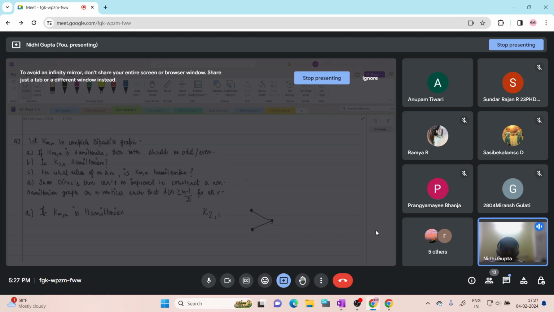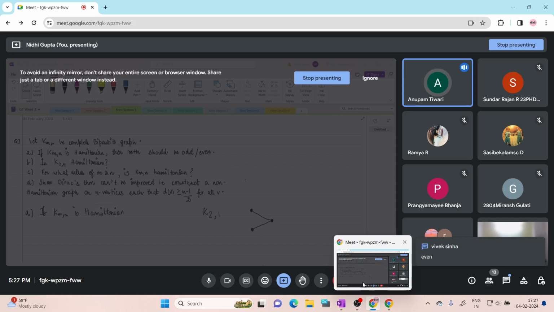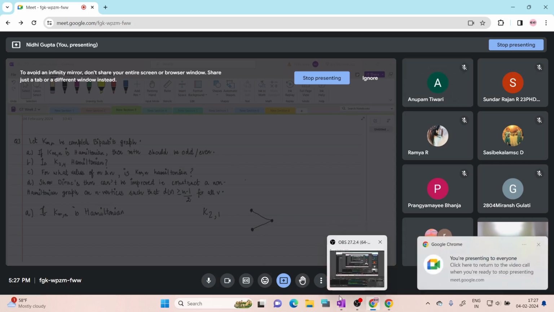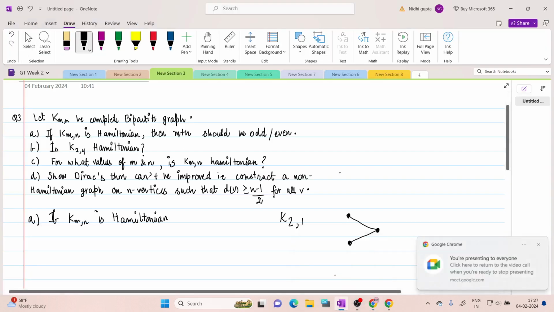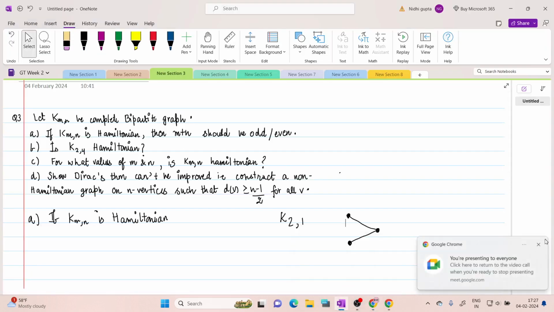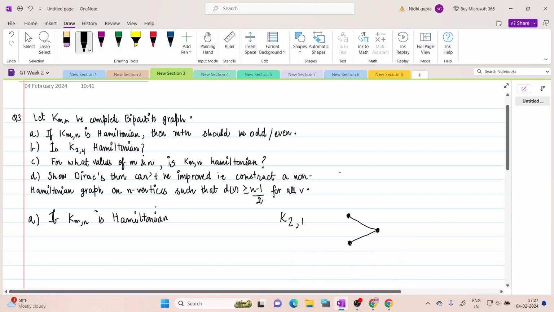What is the definition of Hamiltonian? Even is the answer. Sorry, it is the opposite. If you take K_{2,2}, then the cycle will come. Yes. Okay.